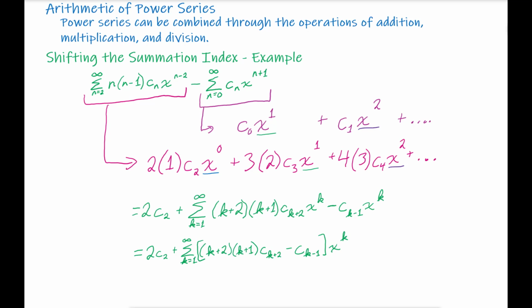Now, when we look at that, we did that based on what the first terms looked like. It's a really good idea to take the time to check and make sure that it works for the second terms. So let's make sure that we get the next terms that we want. So plugging in k equals 2, I'll get 4 times 3 times c sub 4 minus c sub 1 times x squared.